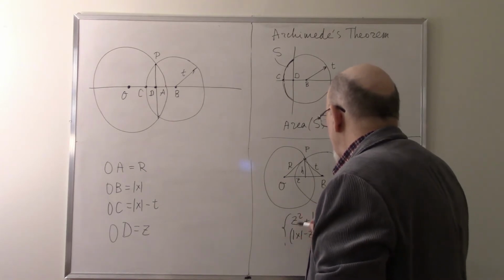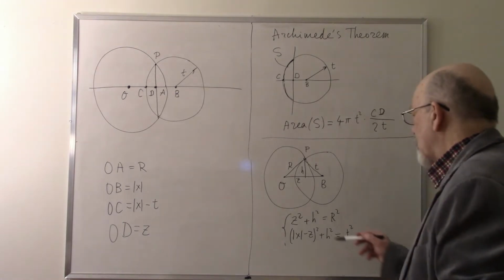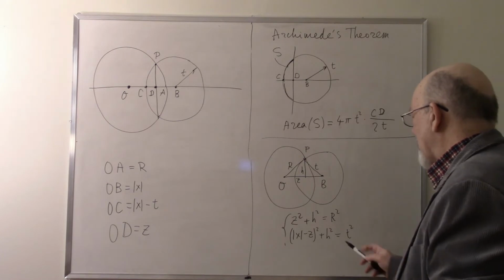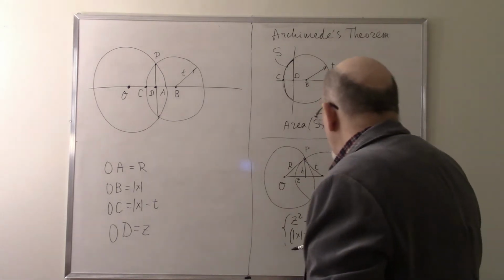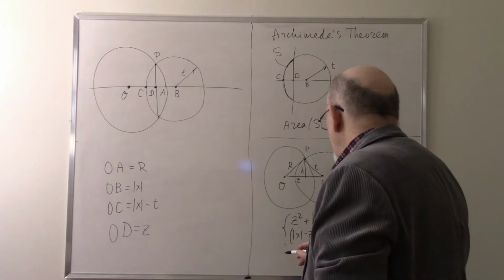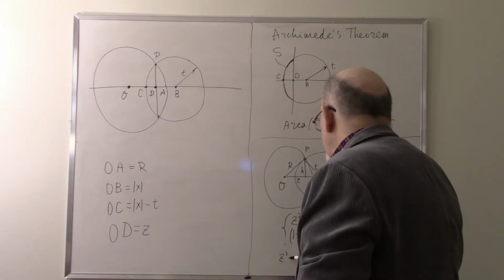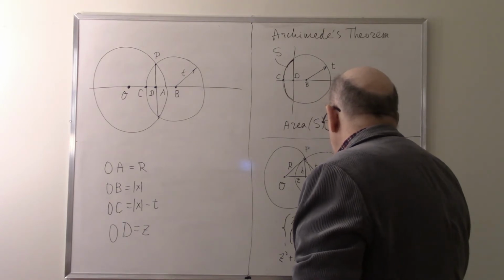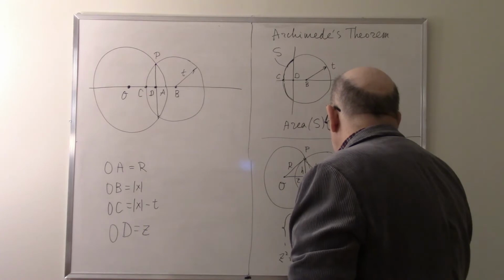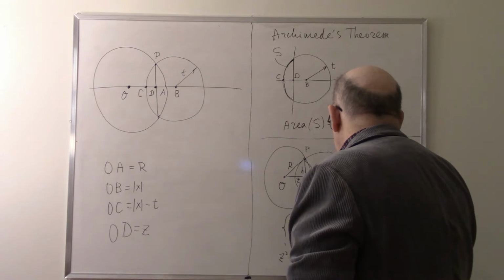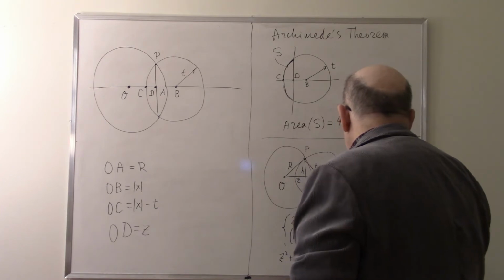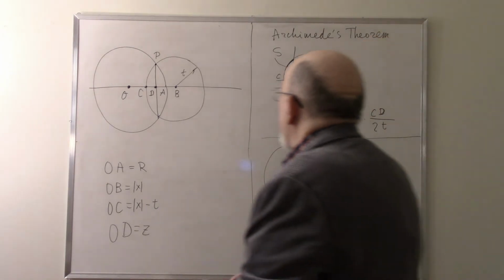So we have the system of two equations, and we can eliminate H, just subtract one from the other, and we have Z square plus H square minus module X minus Z square minus H square equals R square minus T square.